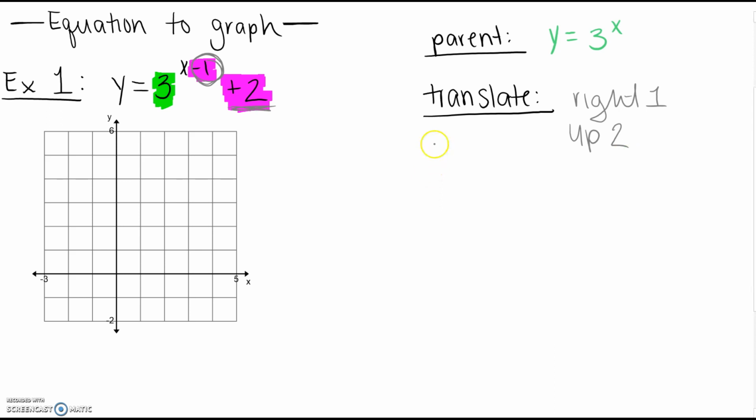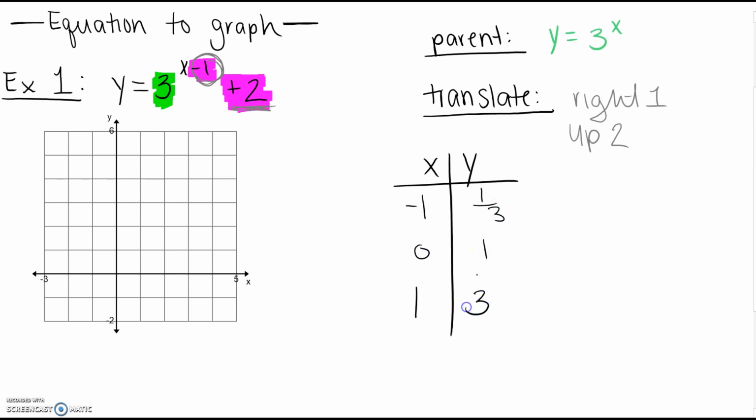So if I were to make a table, I would first include my parent's key points, which is y equals 3 to the x. So that's going to give me negative 1, 1/3, 0, 1, 1, 3. If I extend my table, I can apply the transformations.